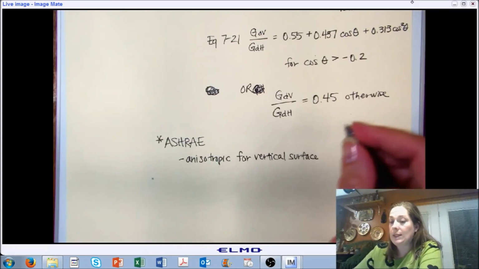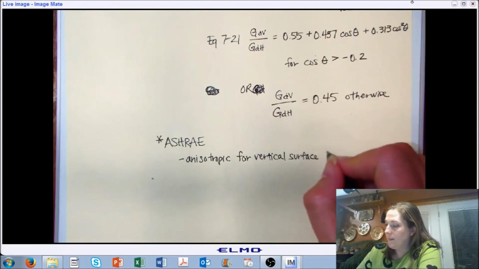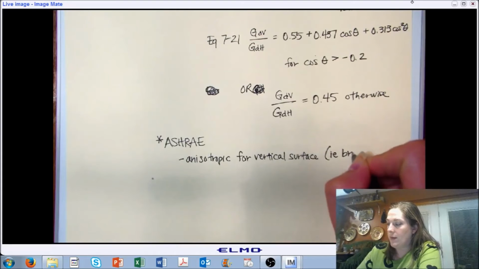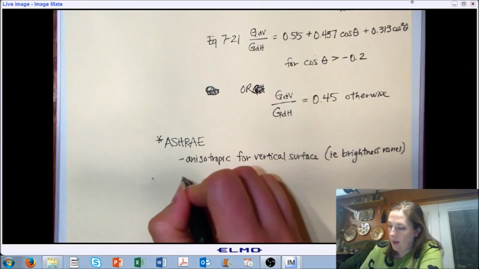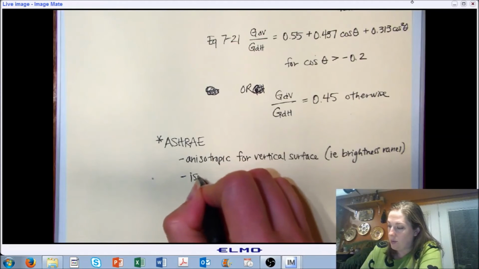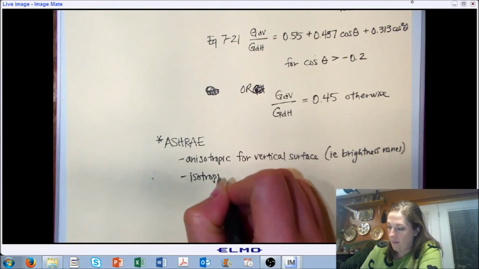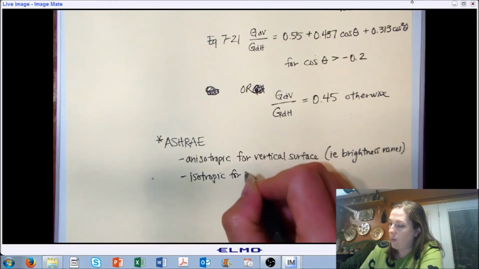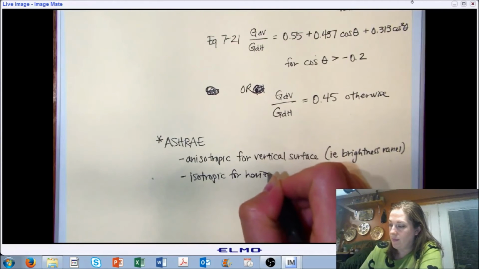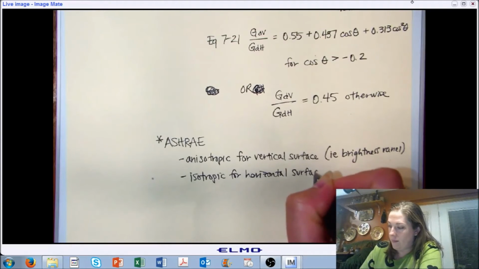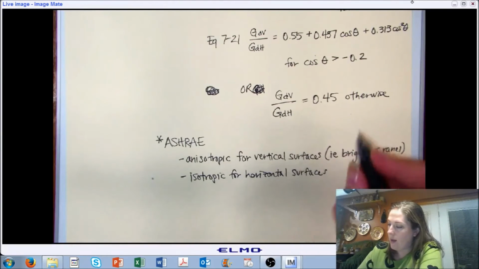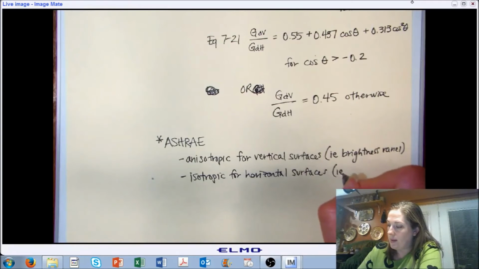And what that means is the brightness varies. But that we are isotropic for horizontal surfaces. And what isotropic means is the brightness is uniform.